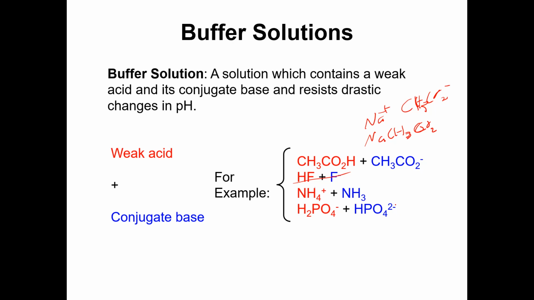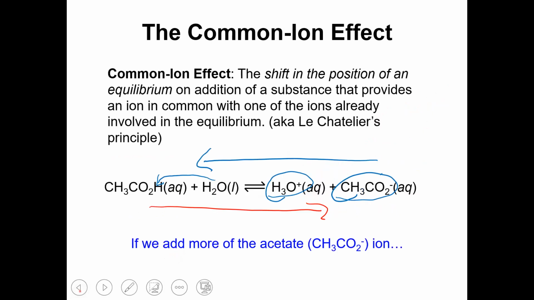So if we get a buffer solution, because of that common ion effect, a buffer solution will resist drastic changes in pH. Because what's going to happen is, for example, if we take our acetic acid and our acetate buffer, if we add a bunch of acid, the acetate ion is going to react with it and drive the reaction back towards our reactants.